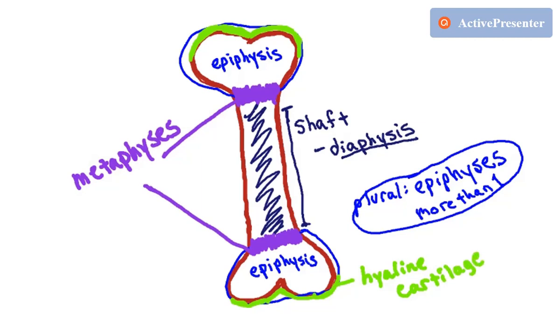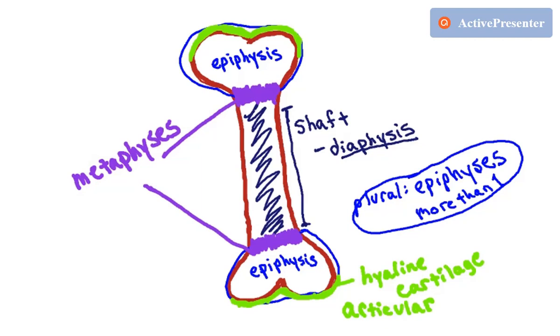I put hyaline cartilage, but it's called articular cartilage, and it's made up of hyaline cartilage. Hyaline is the name of the type of cartilage, and just the cartilage at the ends of these bones is specifically called articular cartilage, or articulating cartilage.